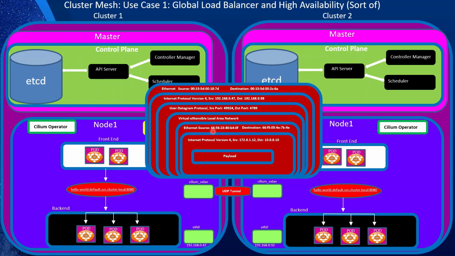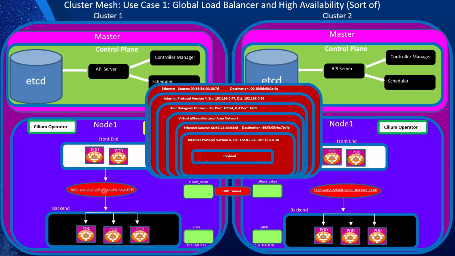Then we have another layer, Ethernet frame. The source would be here, because the communication is going through this interface and then through that and then goes to the other side. So we'll have the MAC address of this and then this destination MAC address over here. And then within that, finally, we have the IP address of the original pod.